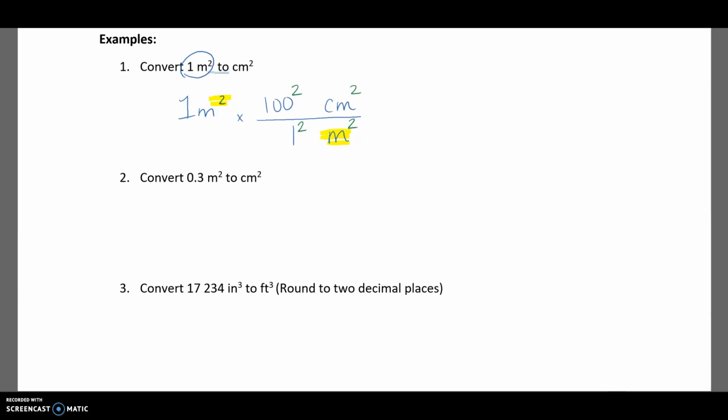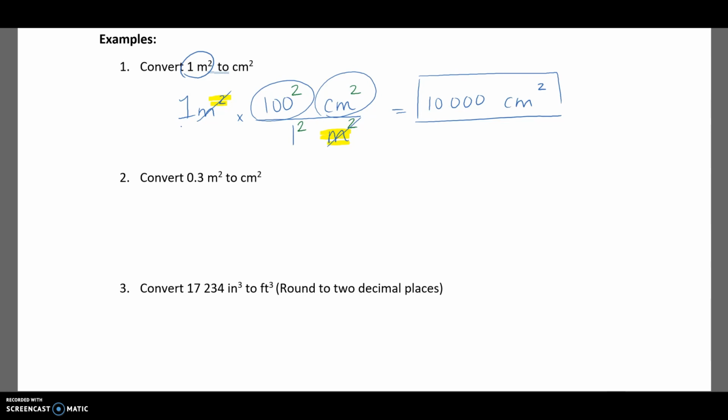So like we saw above, I can square the units as long as I square the numbers as well. You can cancel out the units now. Meters squared will cancel out. When we do the multiplication, we'll be left with the unit we want, centimeters squared. And you could do in your calculator 1 times 100 squared divided by 1 equals 10,000 centimeters squared. So 1 square meter is equal to 10,000 square centimeters.